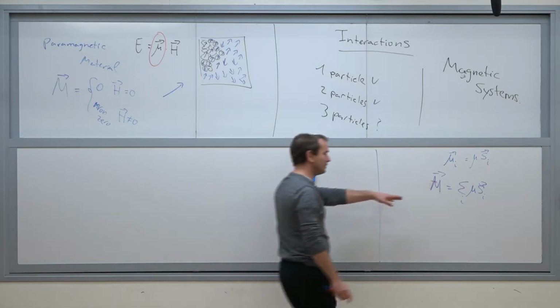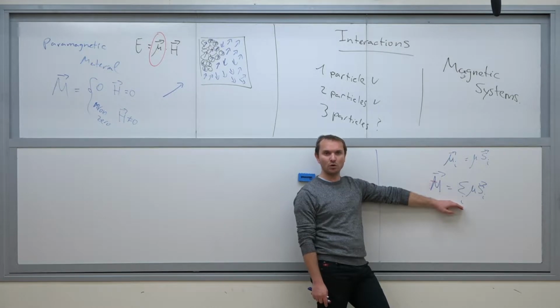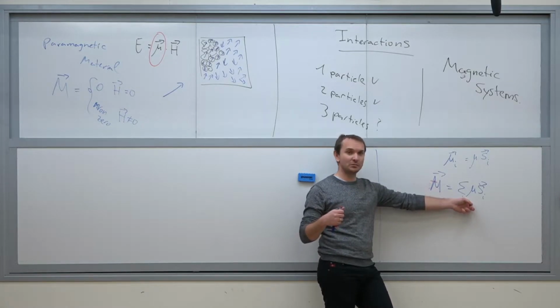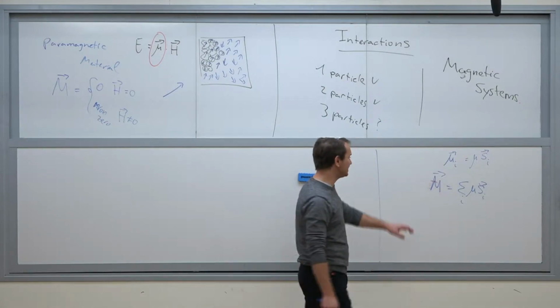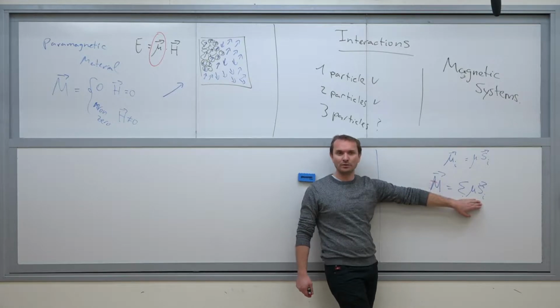And the paramagnetic material states that if there is no external magnetic field, the total magnetization is 0. How come we sum up over a lot of different particles, a lot of different spins, and in total we are getting 0? It basically says that not that everybody is 0, but they are randomly distributed.